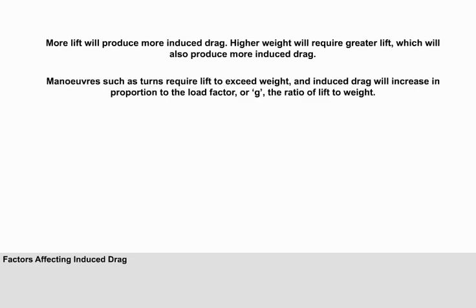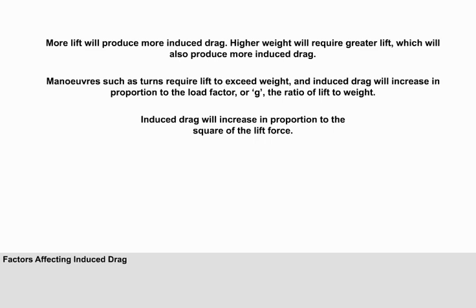Some maneuvers, for example turns, require the lift force to exceed the weight, the ratio of lift to weight being known as the load factor, or G, for gravity. As lift is greater than weight in a turn, so will induced drag be greater than in straight and level flight. Thus induced drag also increases as the load factor increases.